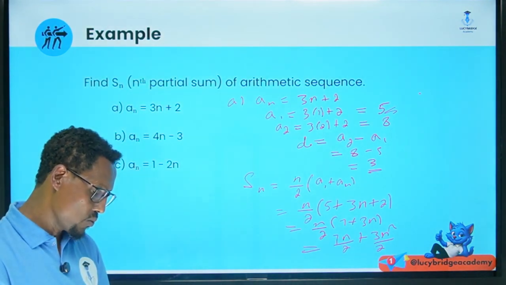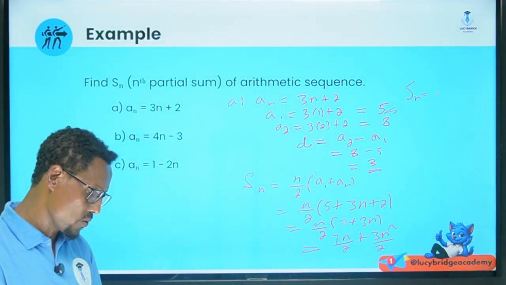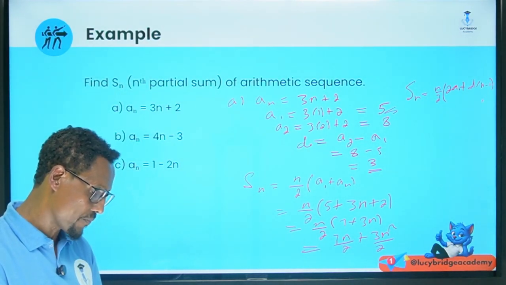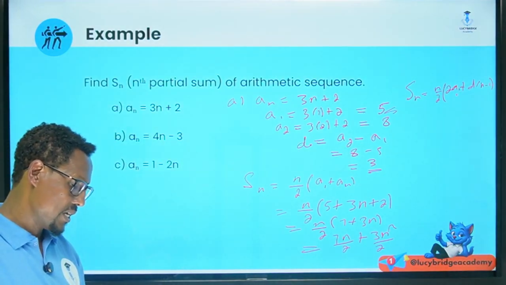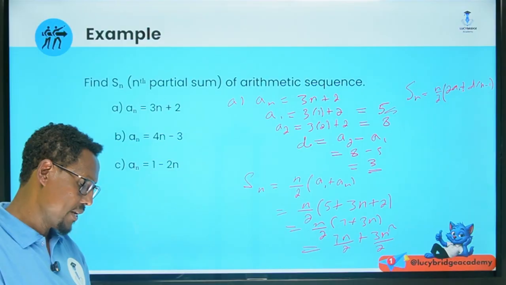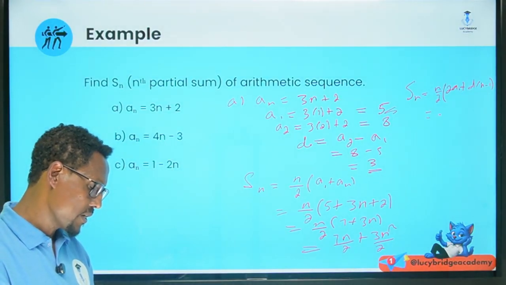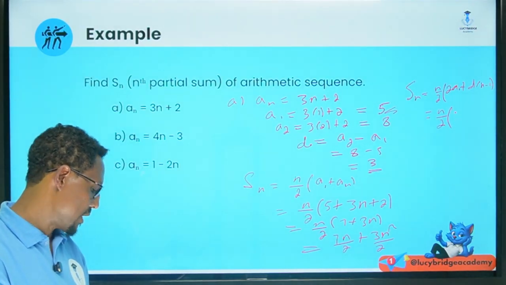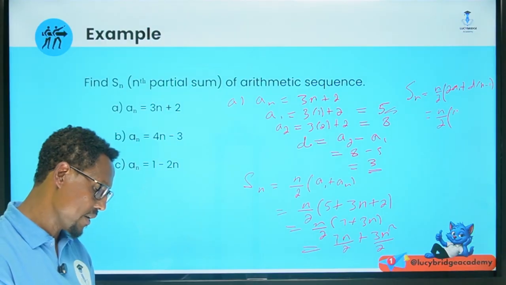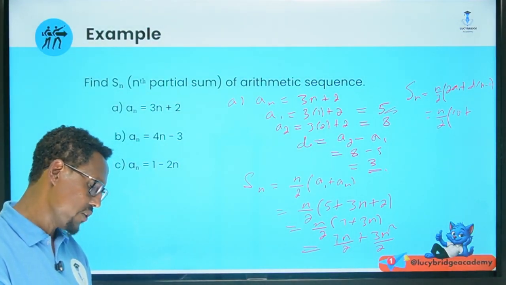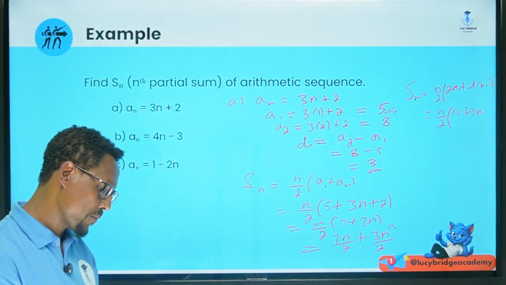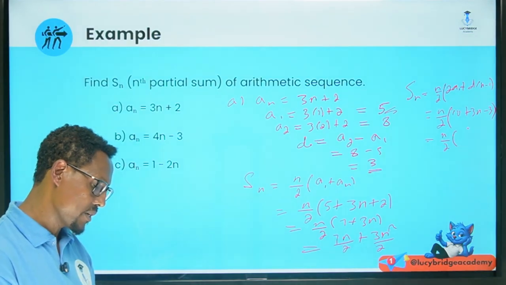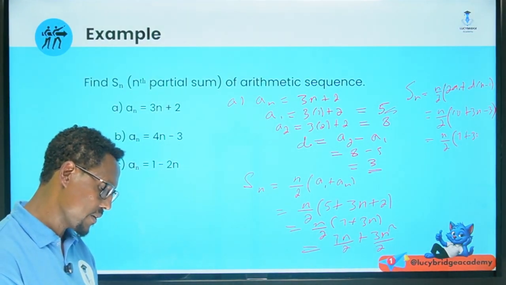Or you can use this formula, Sn, which is equal to n over 2 times 2a1 plus d times n minus 1. A1 is given and d is given, yes. So n over 2 times A1 is 5, 2 times 5, 10, plus d is 3, 3 times n, 3n minus 3 times 1, 3, which means n over 2 times 7 plus 3n.